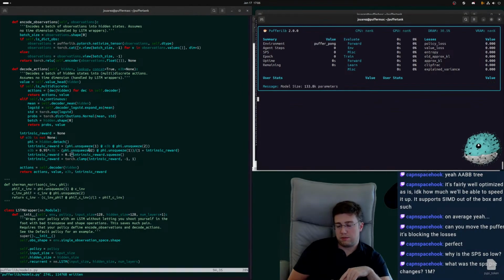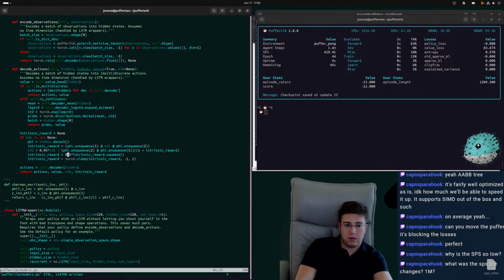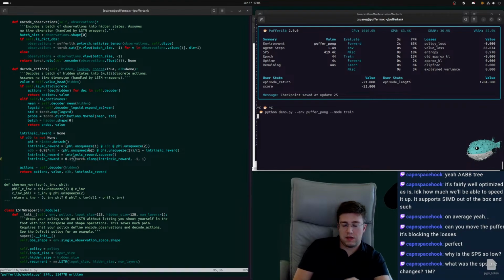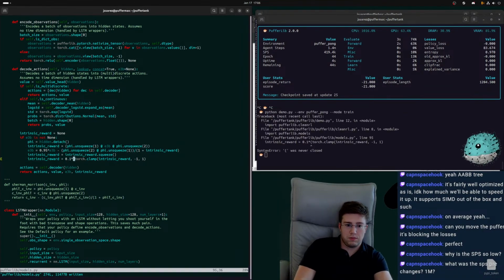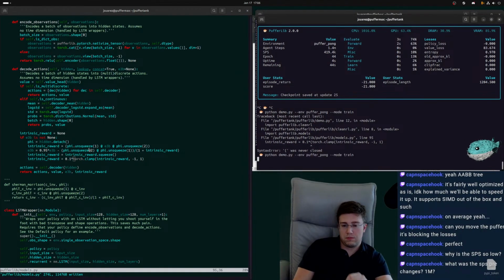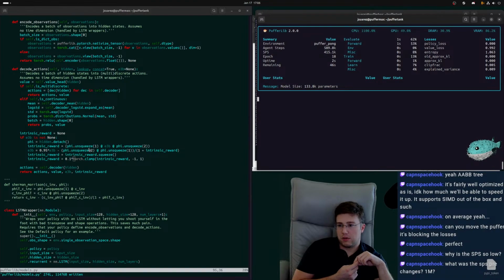Look at this. I guess it's the really big values that are the problem. Clamp and then scale. Oops. There we go.